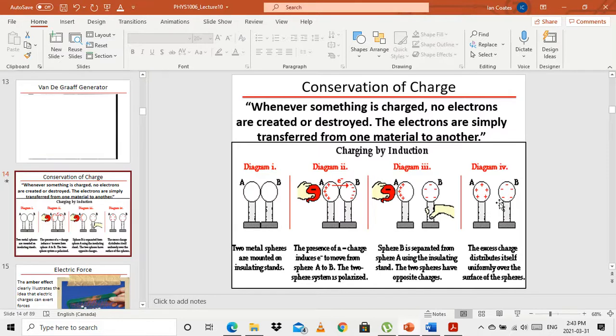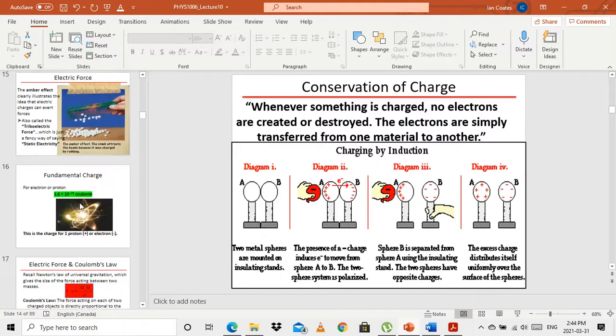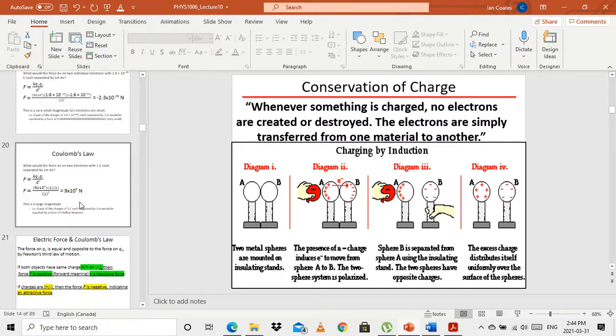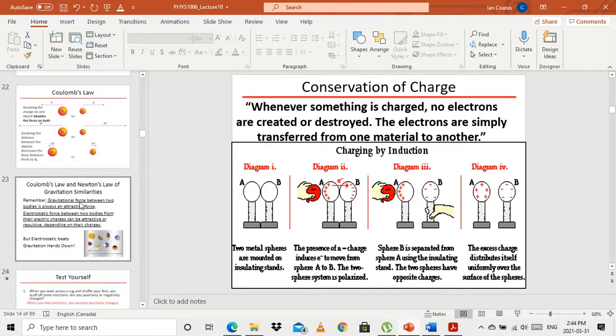So why isn't the Earth flying out of orbit in chaos into a ball of flames? Because overall charge is always conserved. It's always there, okay? Within these two balls it's changed, but generally the charge of the Earth hasn't changed. So that's what it means, our charge is conserved.